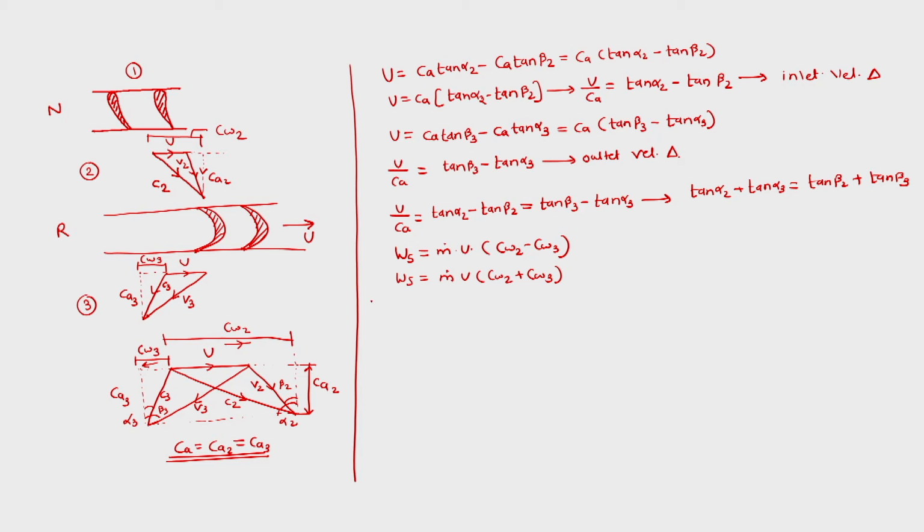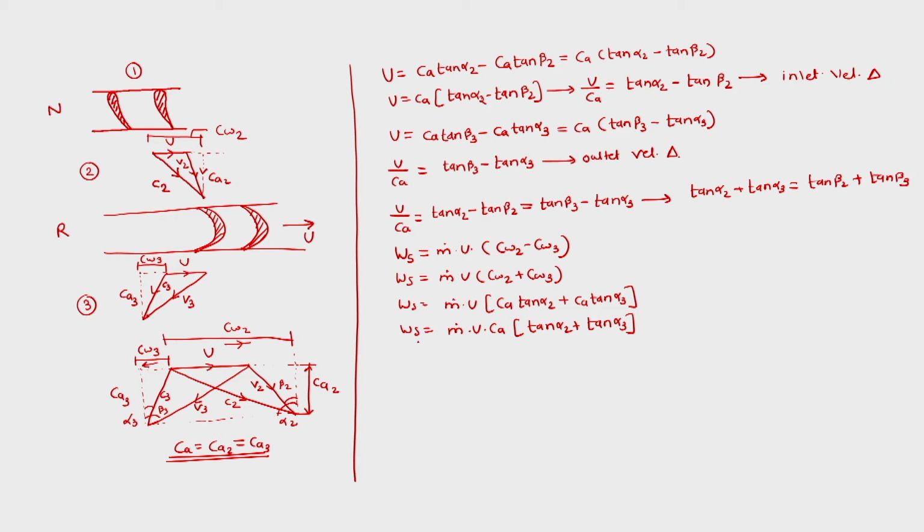Then we can write Cw2 is equal to Ca tan alpha 2 and Cw3 is equal to Ca tan alpha 3. So we have Ws is equal to m dot into U into Ca into tan alpha 2 plus tan alpha 3. So this is what we have got.